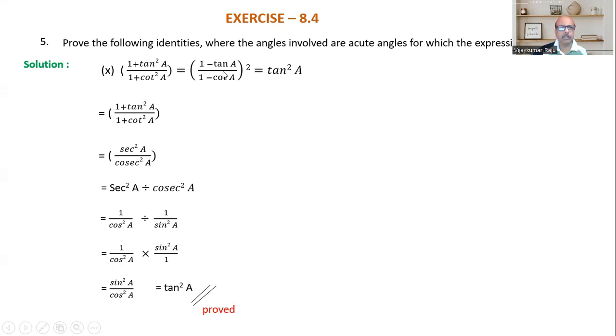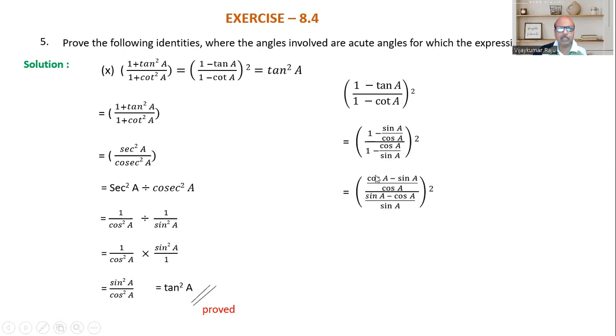Now let us take this part. (1 plus tan upon 1 plus cot) bracket raised to 2. Again take LCM. Sine upon cos, cos upon sine. Taking the LCM, it becomes cos minus sine upon cos, and this is sine minus cos upon sine. Okay. It will be cos minus sine upon cos divided by sine minus cos upon sine.